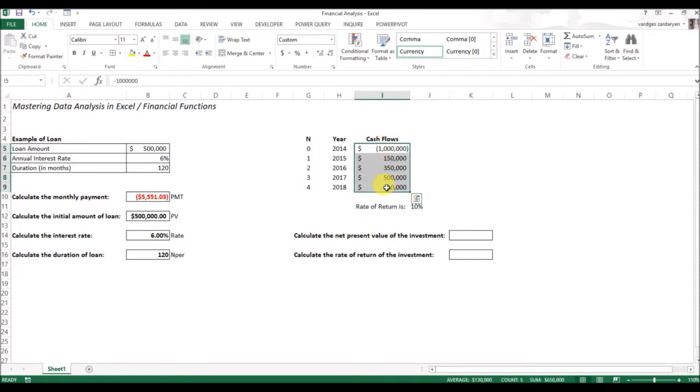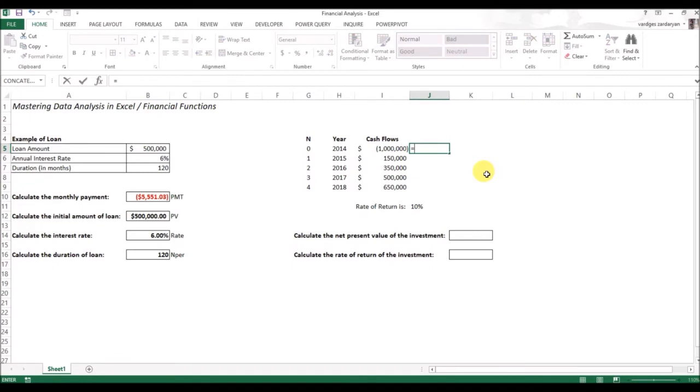At first, let's do it without the main formula. For example, we took a 10% return rate for our project. Based on the financial mathematics basic course, we can calculate the present value of these cash flows by this formula: 1 divided by 1 plus this rate. Let's fix it.